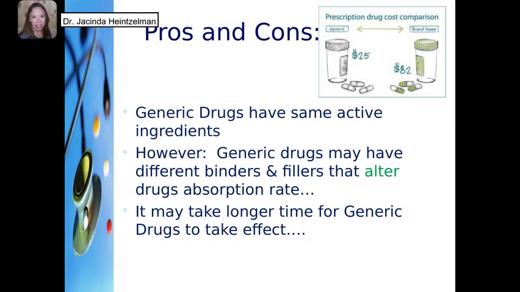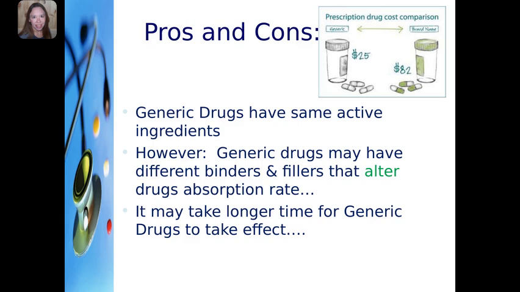Well, we're going to look a little bit more at the pros and cons of generic drugs. To let you know, generic drugs do have the same active ingredients as the name brand drug. However, the generic drugs typically are going to have different binders and fillers. What does this mean? There are different chemicals added into that medication, and these binders and fillers can alter the drug's absorption rate.